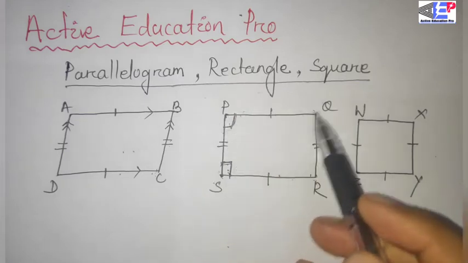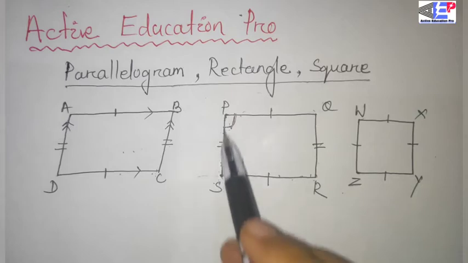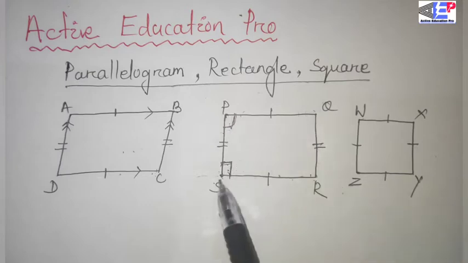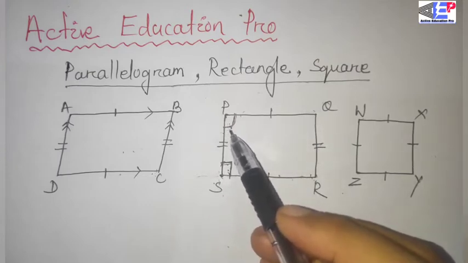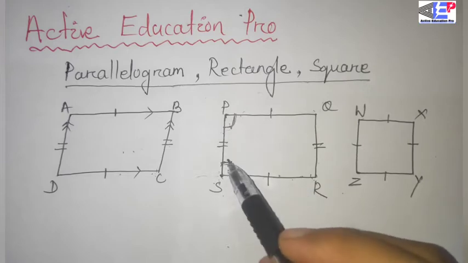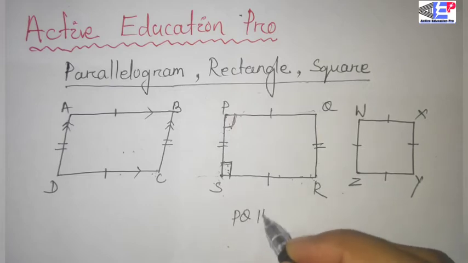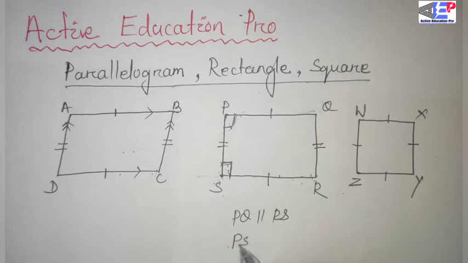If PQ and SR are parallel to each other and PS is a transversal, then P and S are the one-sided interior angles of these two parallel lines. So it satisfies the condition that the sum of one-sided interior angles is 180 degrees. So PQ is parallel to RS. Similarly, we can prove that PS is parallel to QR.